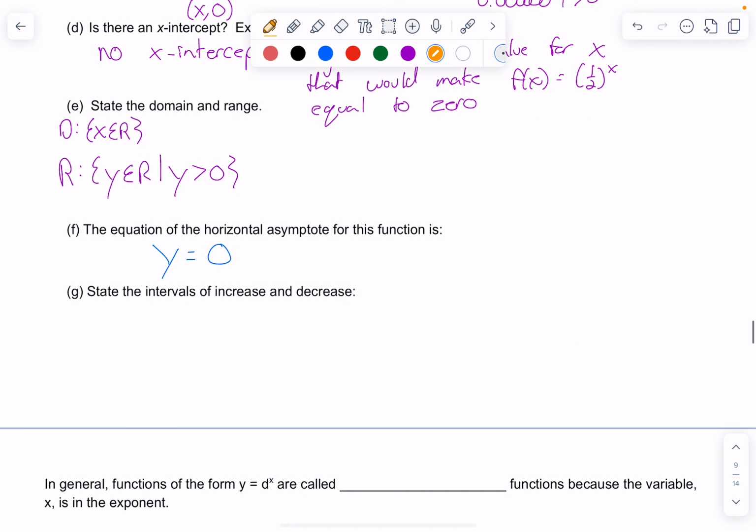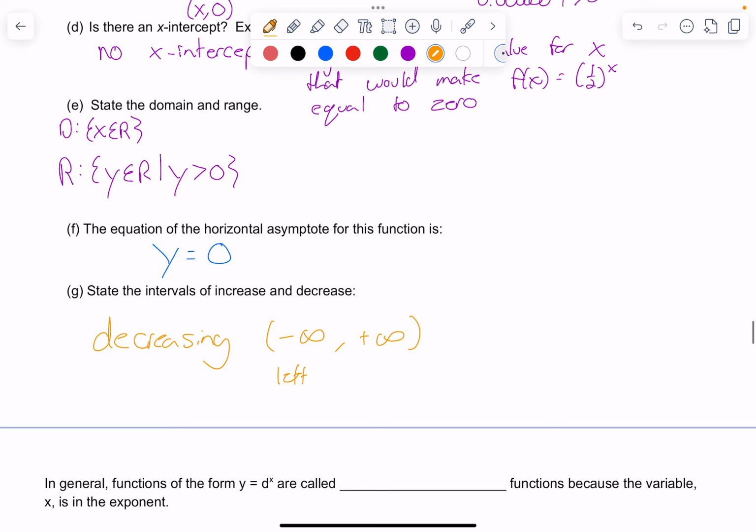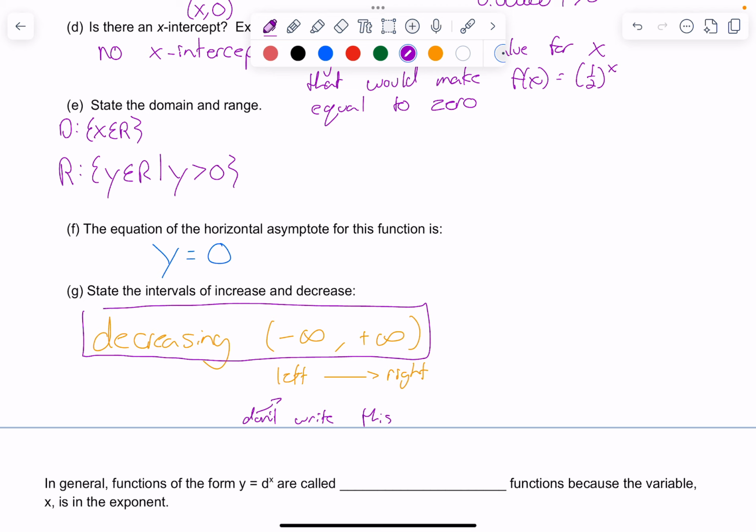So you are decreasing across negative infinity to positive infinity. Because this is you reading from the left, negative infinity being the most left you can get, all the way to the right, okay? So don't write this. You don't have to write this. This is just me explaining it to you, okay? This is what you would say.